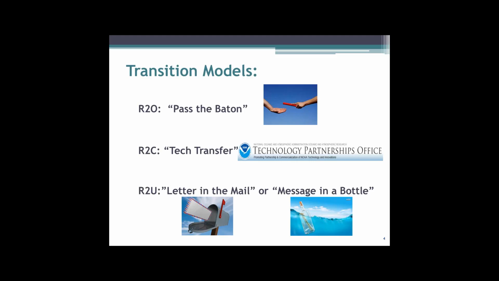And then the last category is sort of an undefined model, which I describe as a letter in the mail or a message in a bottle, where you're developing, maybe doing some research for a group of stakeholders, but it's not quite sure how they will eventually use that information, or at all.